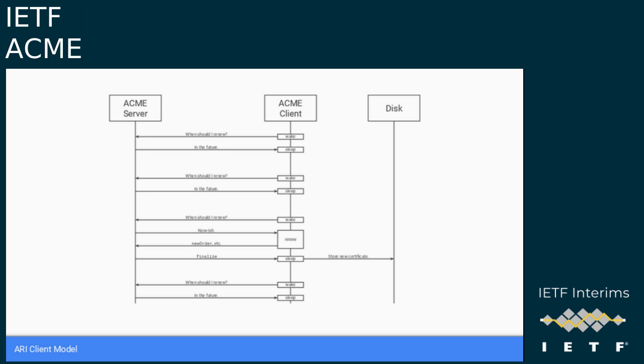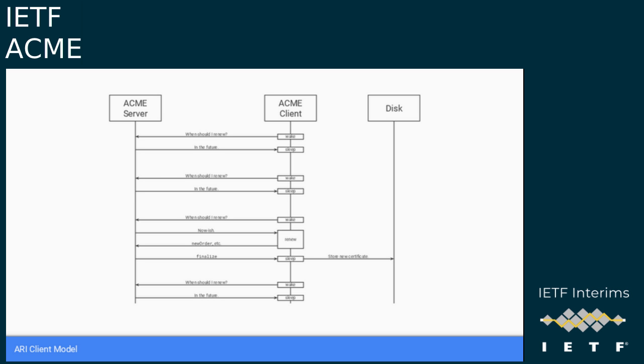But basically, all this is doing is keeping the same basic flow for the ACME client, but instead of waking up, checking the disk, and doing some math based on the not before and not after dates of the certificate, it wakes up, makes an API call to the ACME server and says, hey, should I renew yet? And the ACME server says, here's when you should renew.